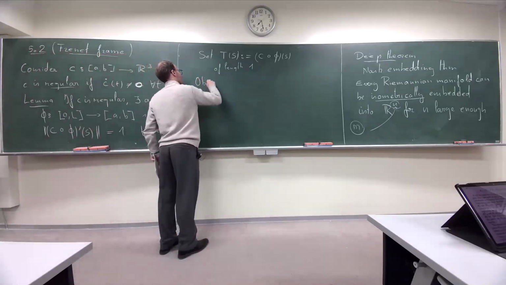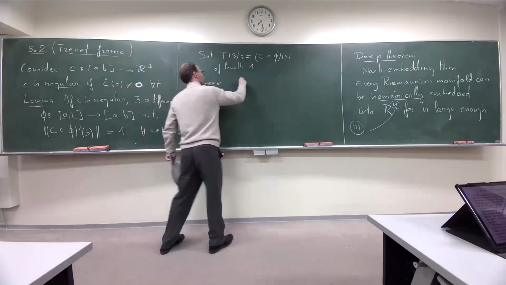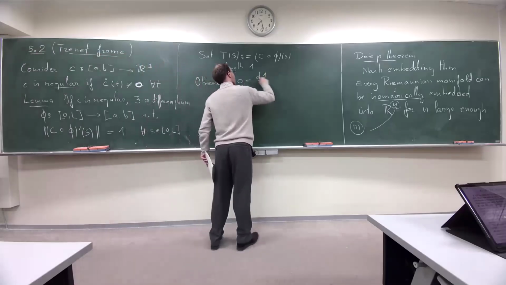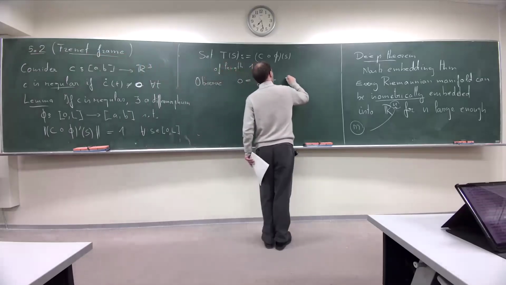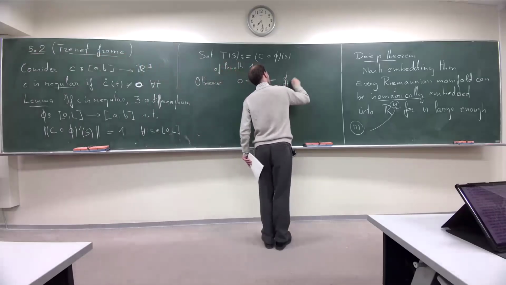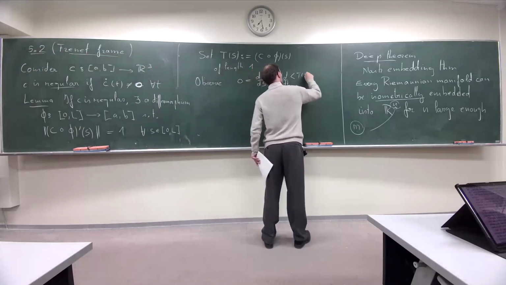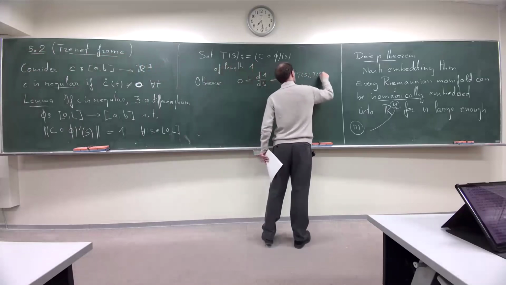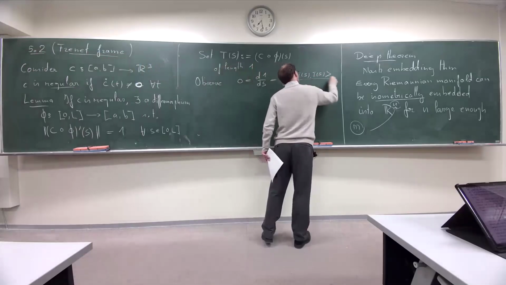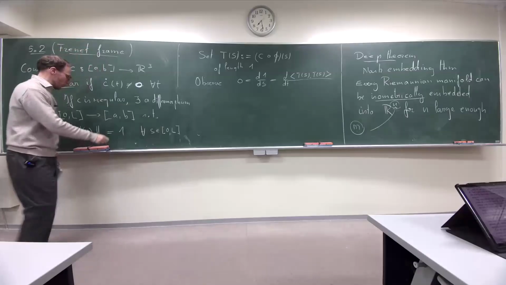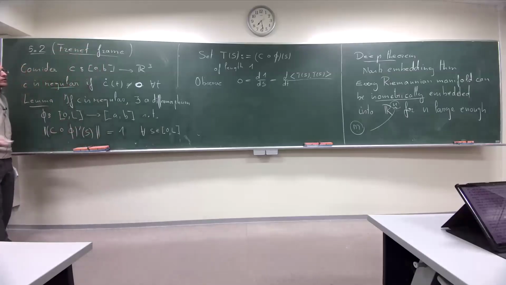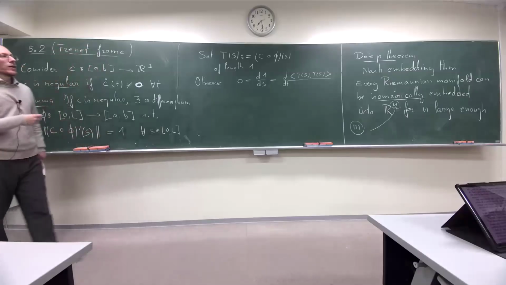Observe. 0 is the derivative of the constant 1, which I'm going to write as the derivative d over dS of T of S scalar product T of S. Why? Because this scalar product is precisely the norm squared, but the norm is 1, so it's the derivative of 1.